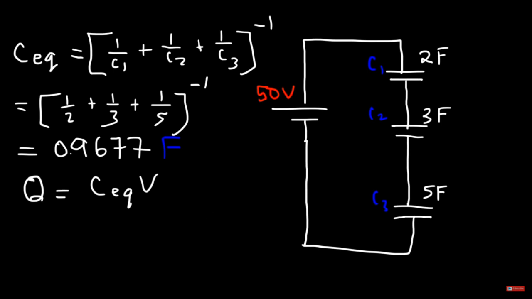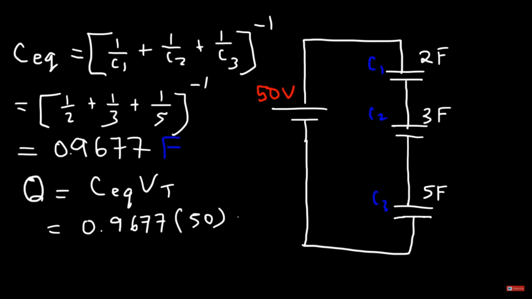So once we find Q, this Q will be the same as Q1, Q2, Q3. They all equal each other. And this will be very helpful in calculating V1, V2, and V3. So let's find Q. It's equal to the equivalent capacitance times the total voltage, the voltage of the battery, which is 50 volts.